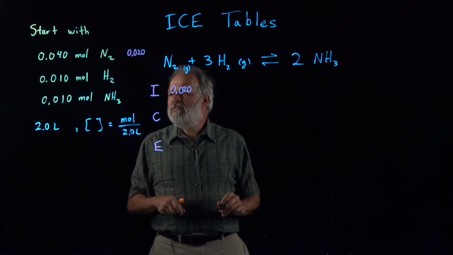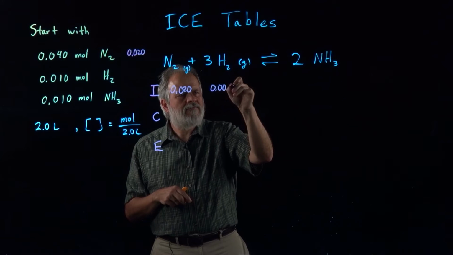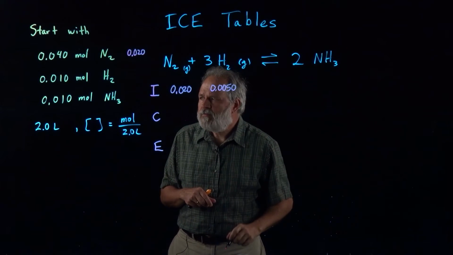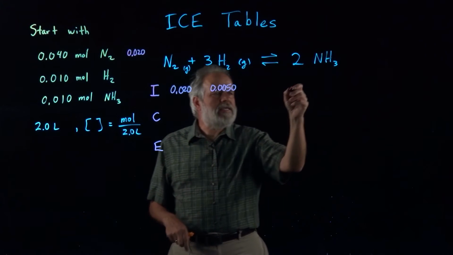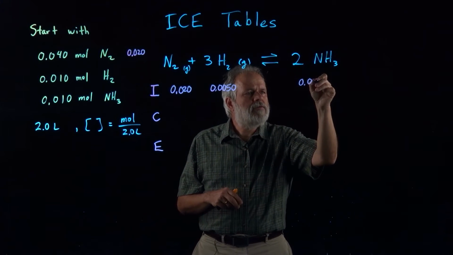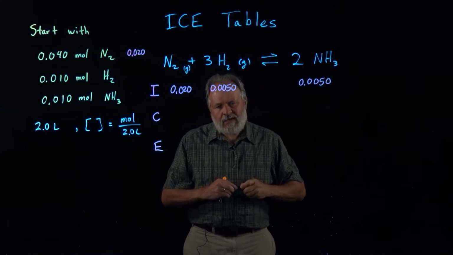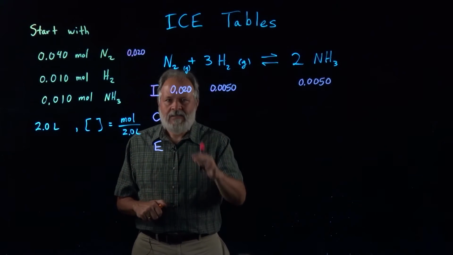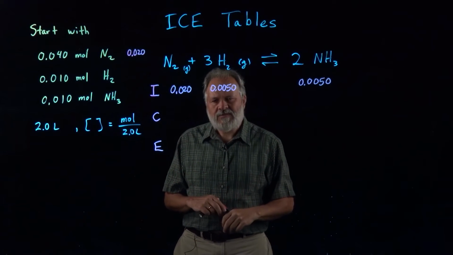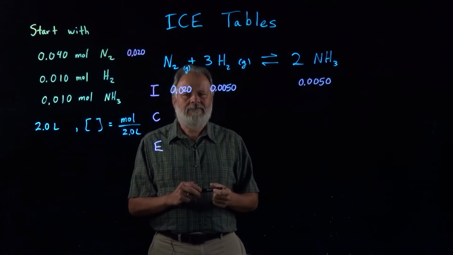This divided by 2 will be 0.0050 molar. And the last one will also be 0.0050 molar. Now, the important thing to realize is that the initial amount has nothing to do with the stoichiometry. These are just completely random numbers based on some point in time, some mixture we have.